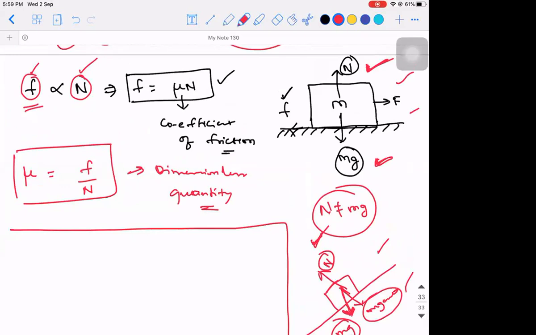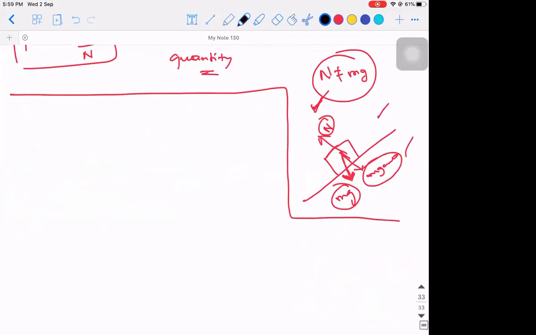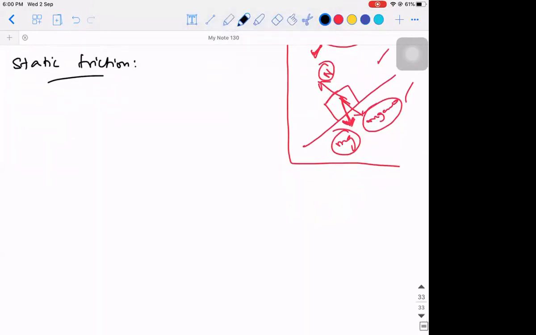Okay. So one last point that I'm going to explain for today is called static friction. The meaning of this is, see, let's try to analyze a scenario.